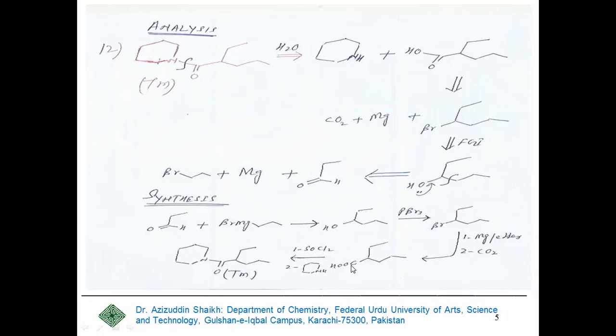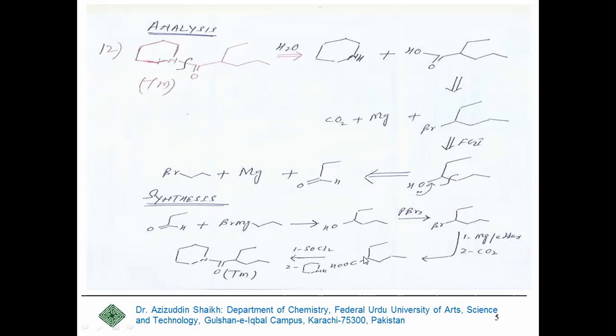The carboxylic acid is converted into acid chloride by using thionyl chloride, and the acid chloride reacts with amine. As a result, you will get the amide target molecule.